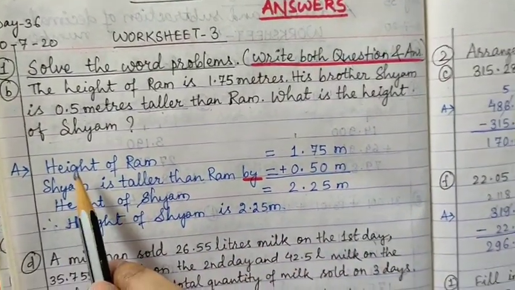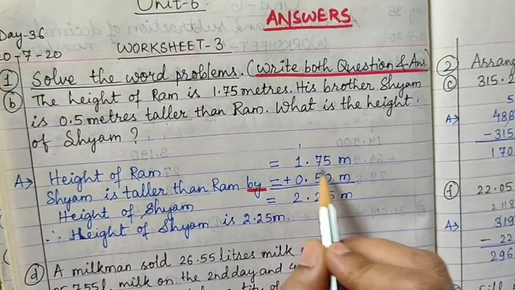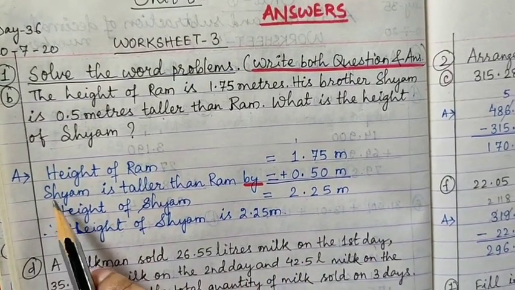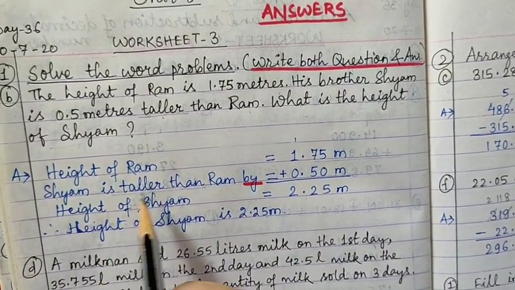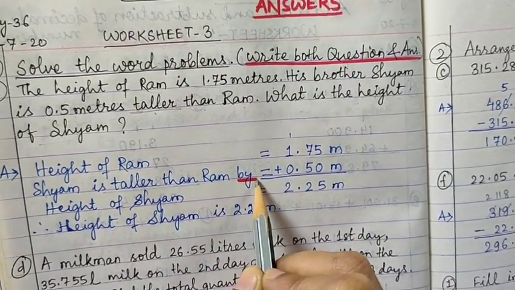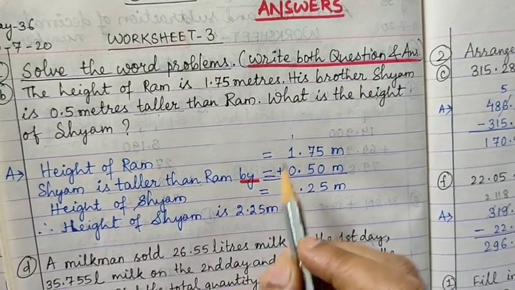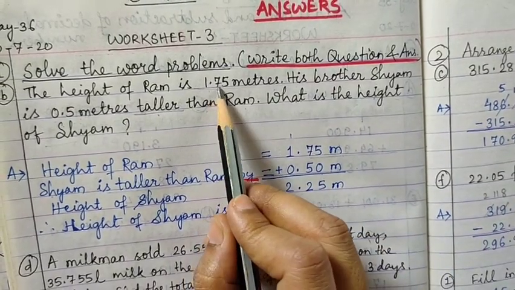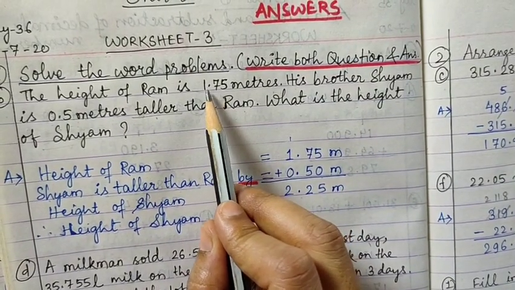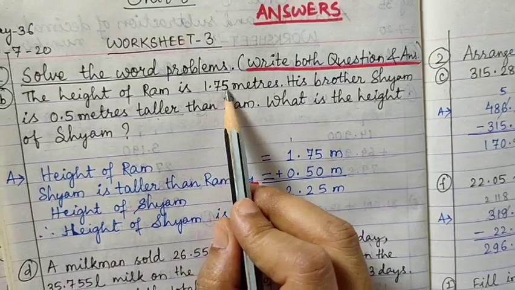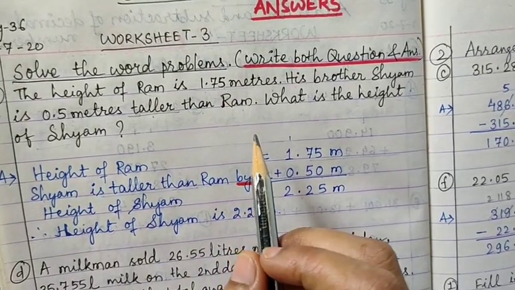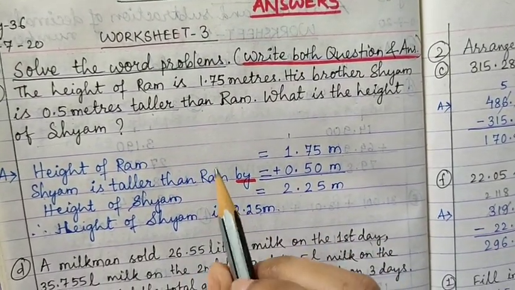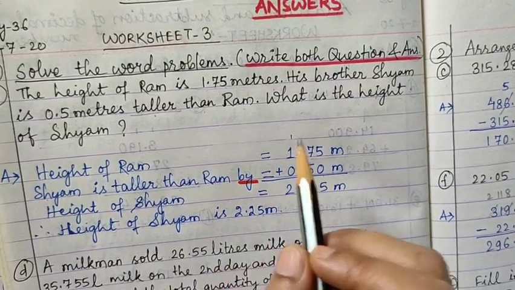So the statements will be: height of Ram is 1.75 meters. Second statement is Sham is taller than Ram by 0.50. You see here decimal places in the first number is 2. So I told you before adding you have to convert the decimal number into like decimals.